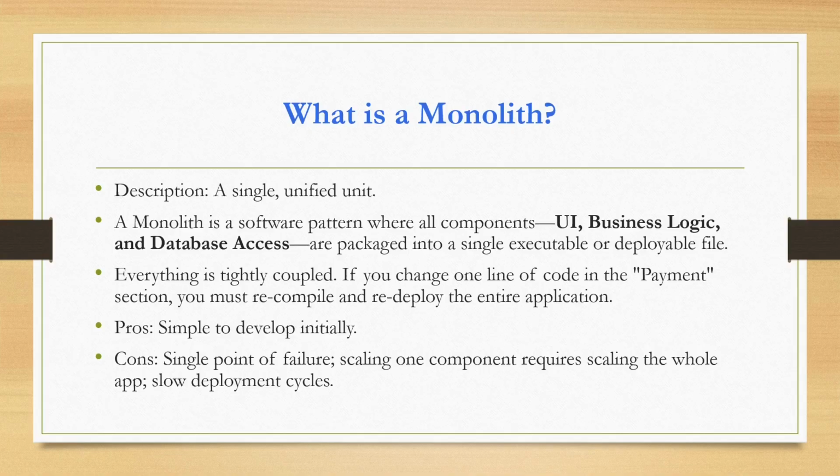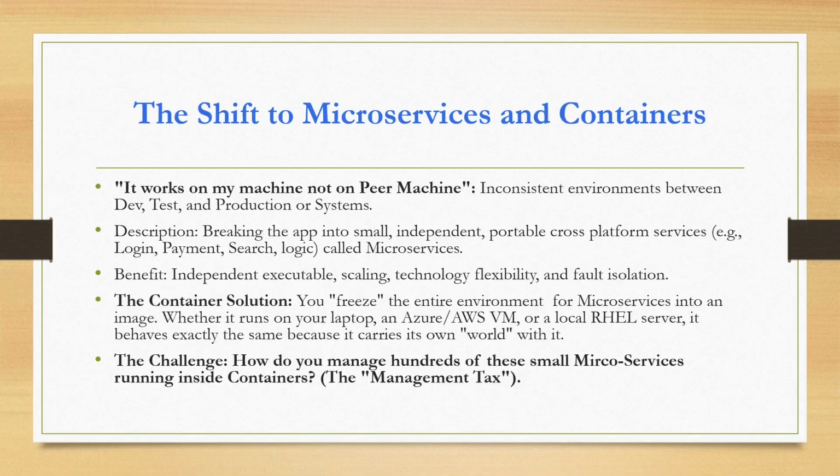The result is a very slow deployment life cycle. In the fast pace of business, our businesses are changing very fast in nature, so agility is needed. The first very common problem with monoliths was that it works on my machine but not on a peer's machine. Why? Because the complete environment, like operating systems or environment variables, has changed.